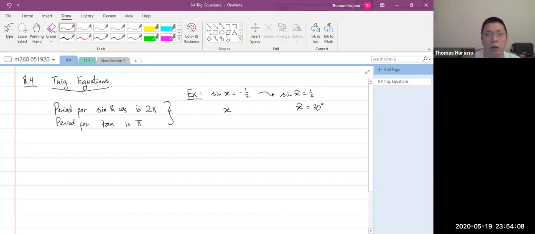So sine is negative in which quadrant? 3 and 4. In quadrant 3, what's the angle such that the reference angle is 30 degrees? 210 degrees. And in quadrant 4, reference angle 30 degrees, what's the angle?